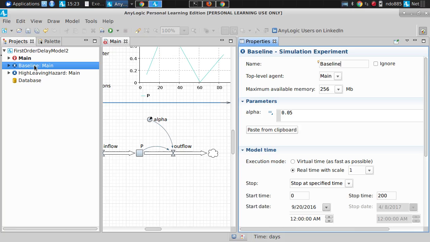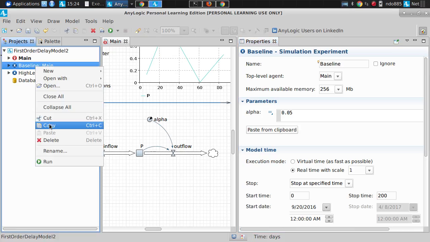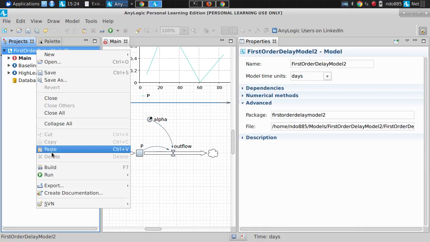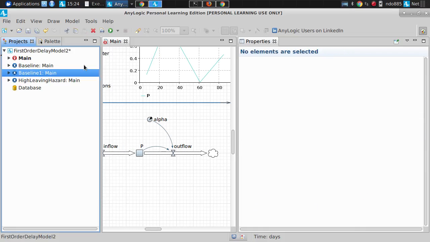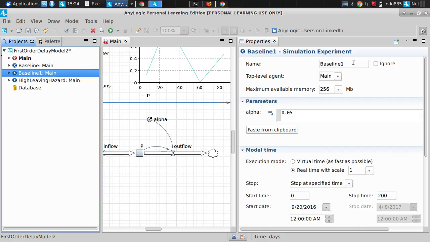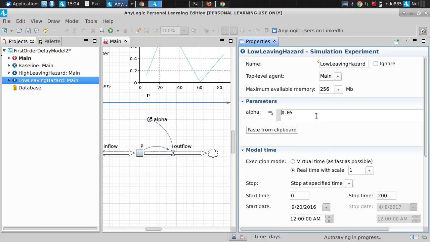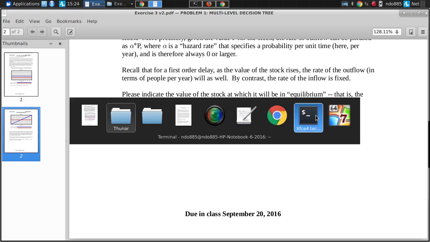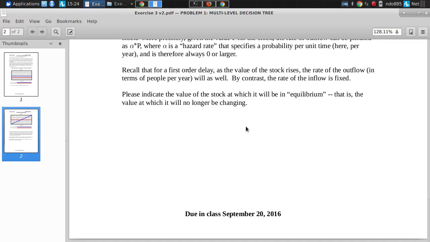We're going to copy it once more. So we could again do copy, right-click on it, paste, and we're going to create one with a low hazard rate. So this is going to be called low leaving hazard. So there you're going to have a low chance of leaving per unit time. And it's going to be, it died.